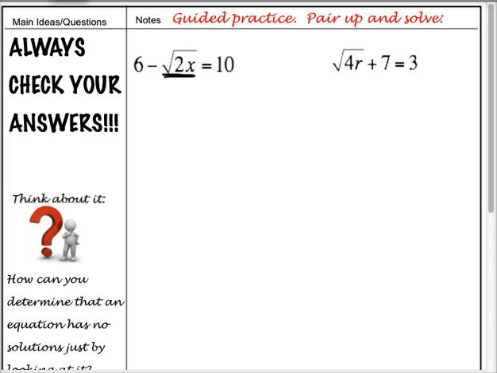By isolating the square root, we need to subtract this 6 off. So I'm going to subtract 6 from both sides. So I get negative square root of 2x equals 4. Now, I'm going to divide by that negative 1. I want to get that negative away from my square root.